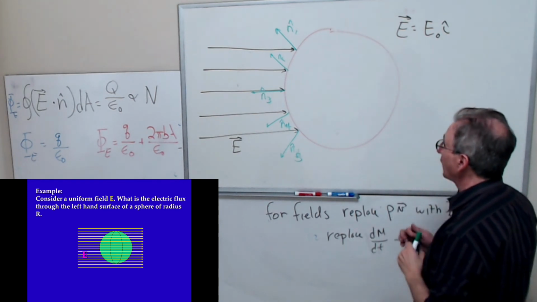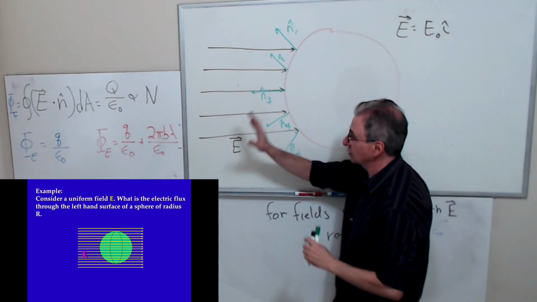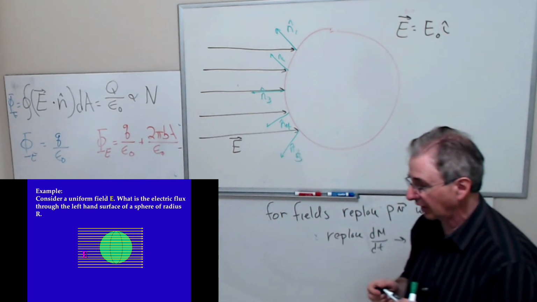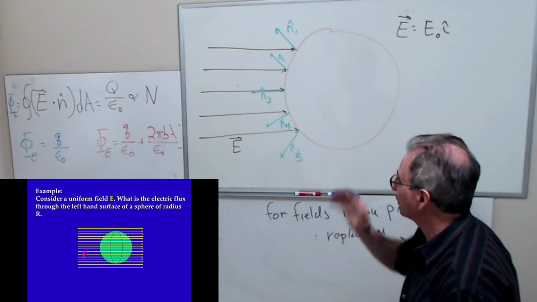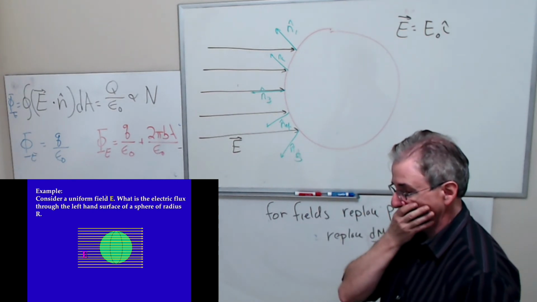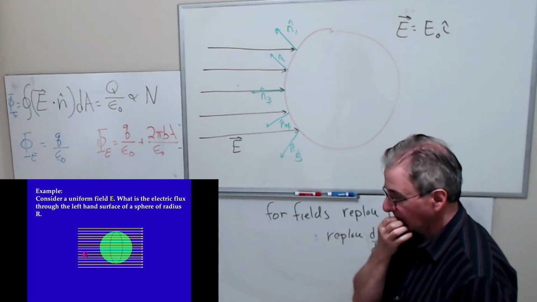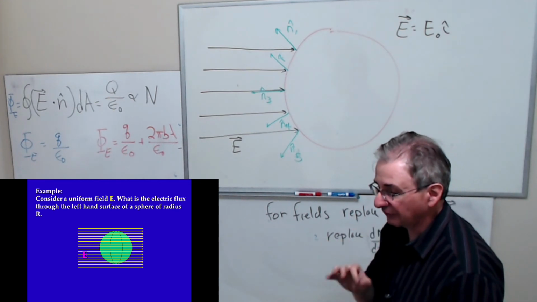So I have to write an expression that represents the normal to the surface. I actually thought this was really hard to do, but it's actually not that hard to do. I did it. But I don't even have to do the integral. Why do I not have to do the integral?